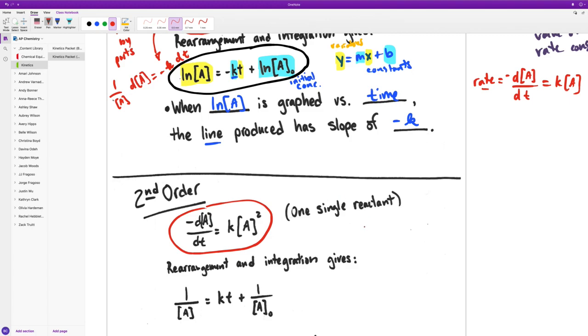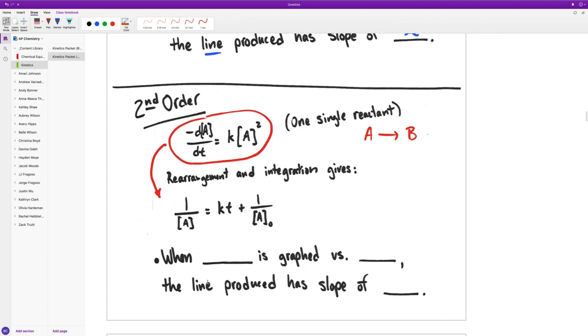Okay, so this might be just a different reaction, a different A decomposing into some other stuff. If it's actually a second order reaction, when we integrate it, it gives us a different equation, but we still have the same type of thing happening.